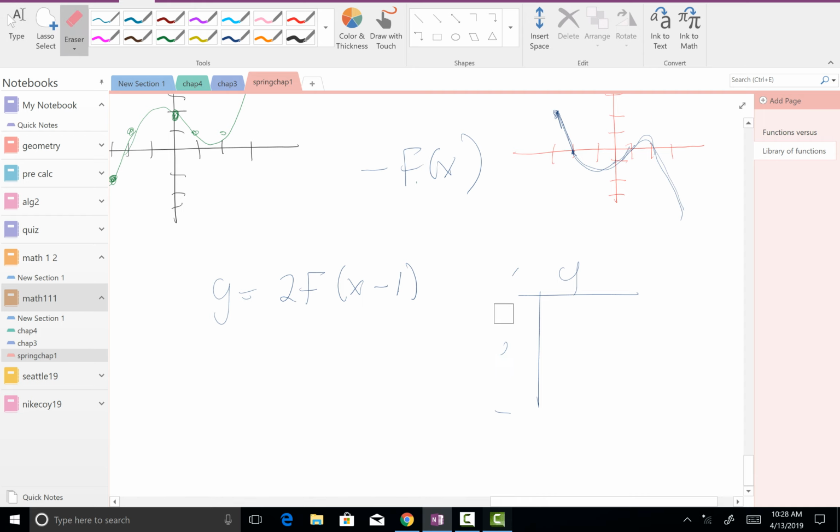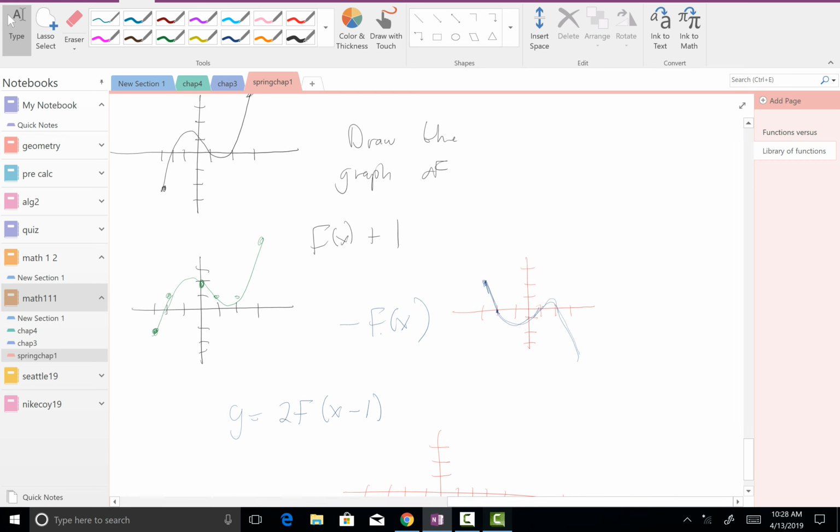Now that we know that, we're going to go and take our graph. I don't know what the function is. I don't care about what it is. All I know is the first thing I'm going to do to it is I'm going to shift it. Which way are we going to shift this thing? To the right. How many units? 1.